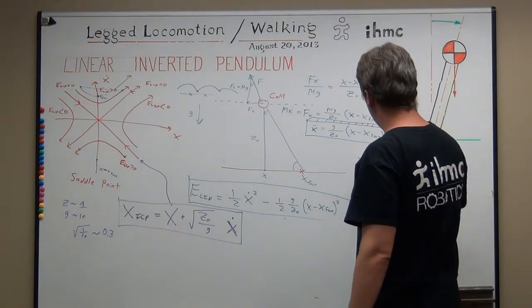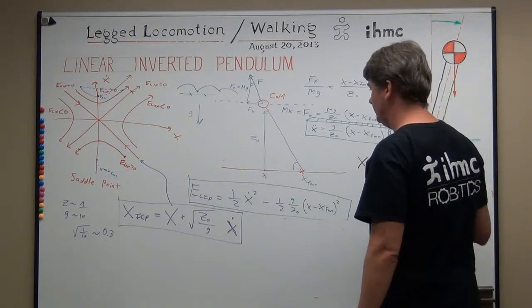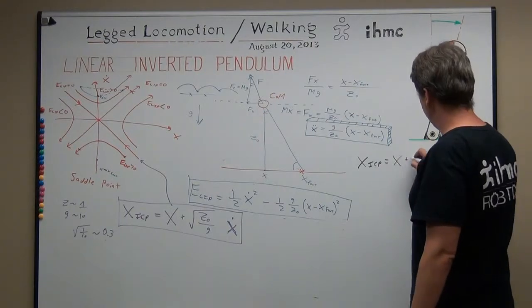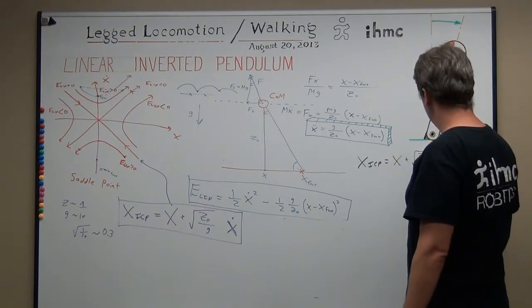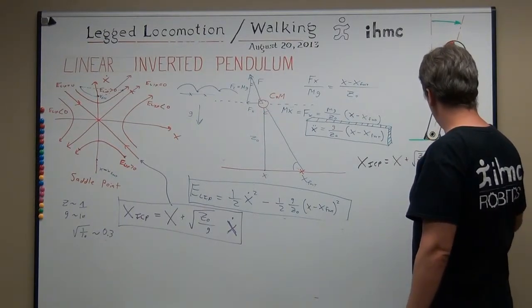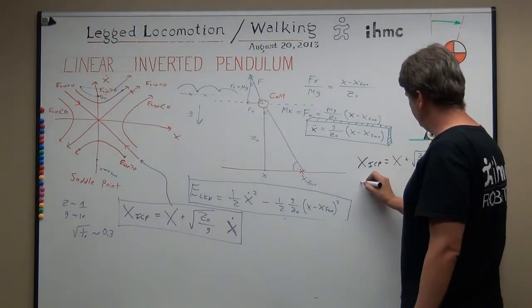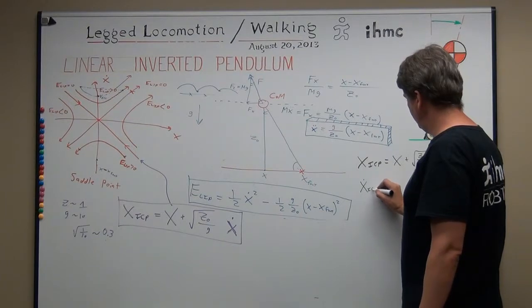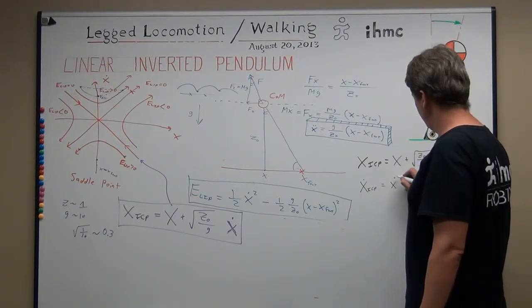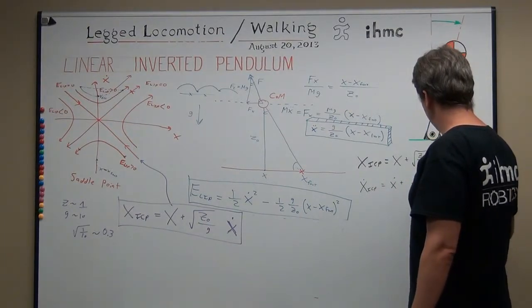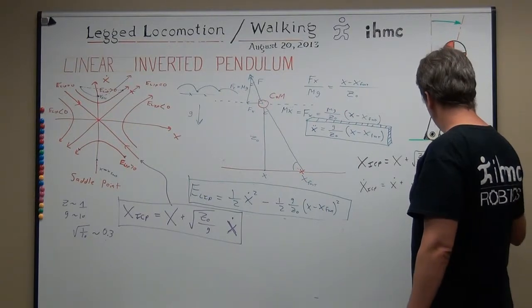Okay. So we have x ICP equals x plus square root of z naught over g times x dot. So let's differentiate both sides of this. You get x dot ICP equals x dot plus square root of z naught over g times x double dot.